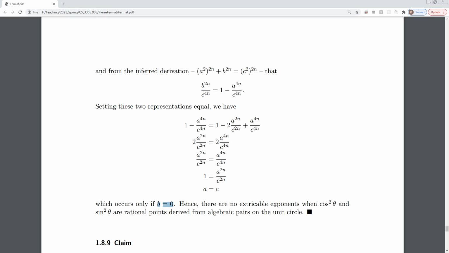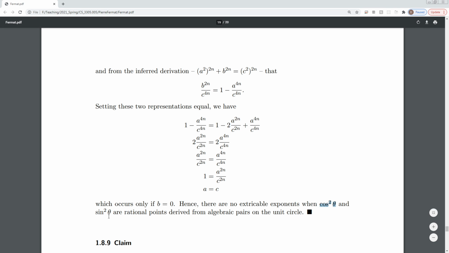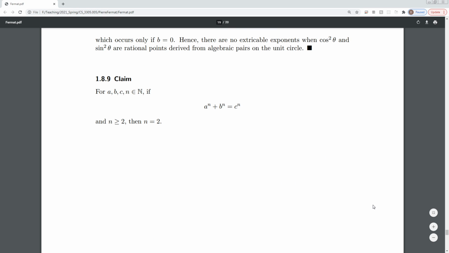So we can't extract exponents from the form cosine squared of theta and sine squared of theta, so we're stuck there.